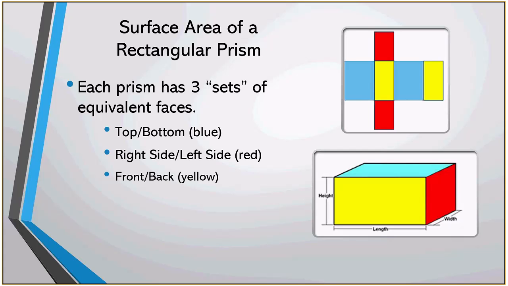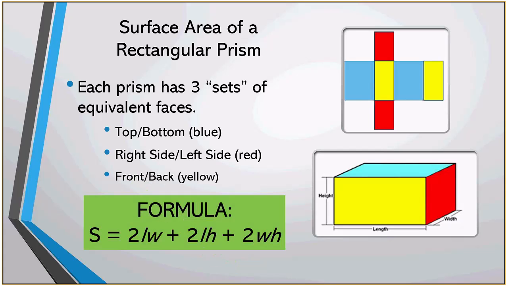Blue, top and bottom, right, left are red, and the back and front are yellow. So we're going to use this formula that says if you take 2 times the length times width and you add that to 2 times the length times height and you add that to 2 times the width times height, you'll get the surface area of a rectangular prism.